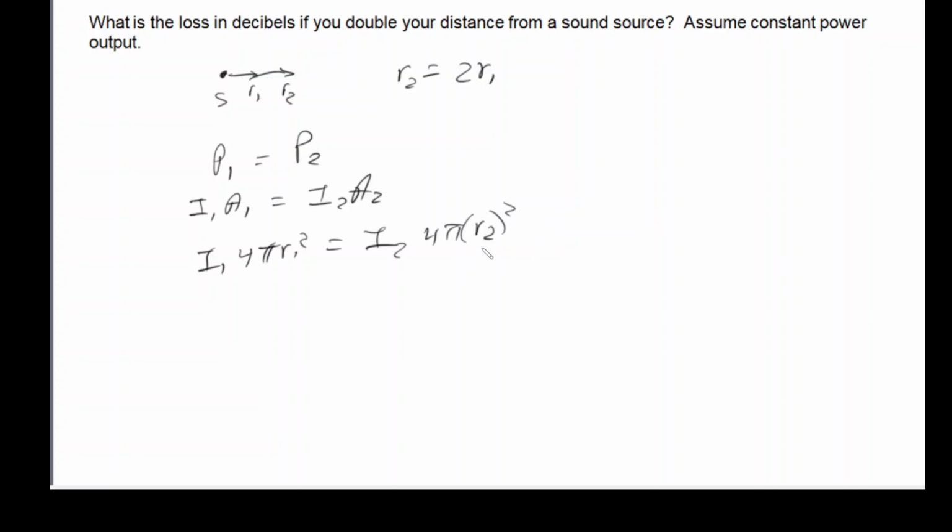But R2 is equal to 2 times R1, so that's equal to I2 times 16 pi R1 squared. So from this we get I1 is equal to 4 times I2.